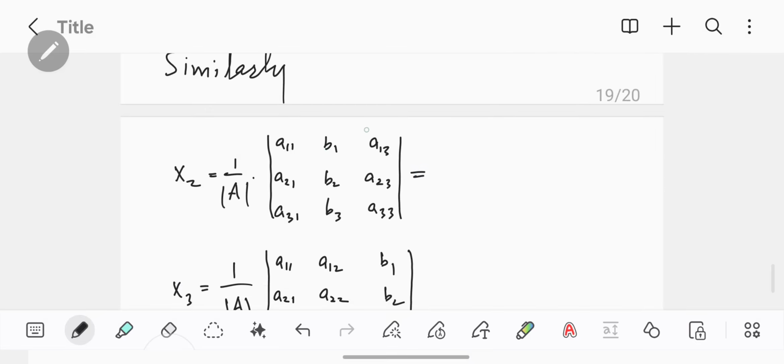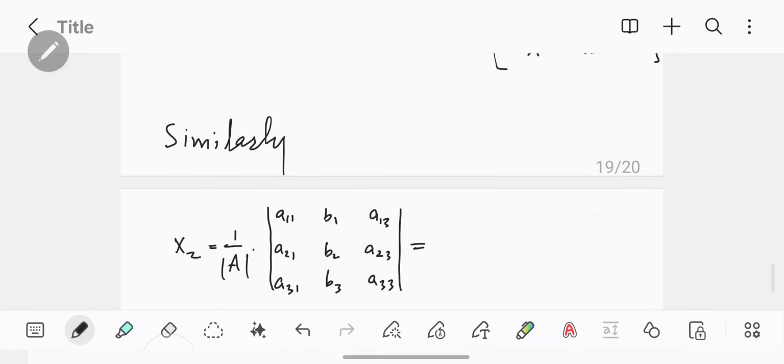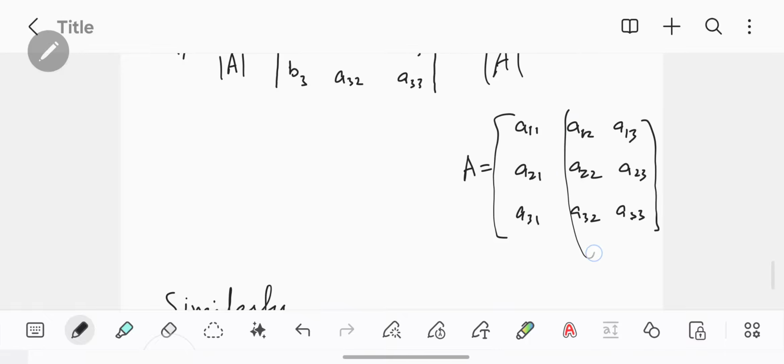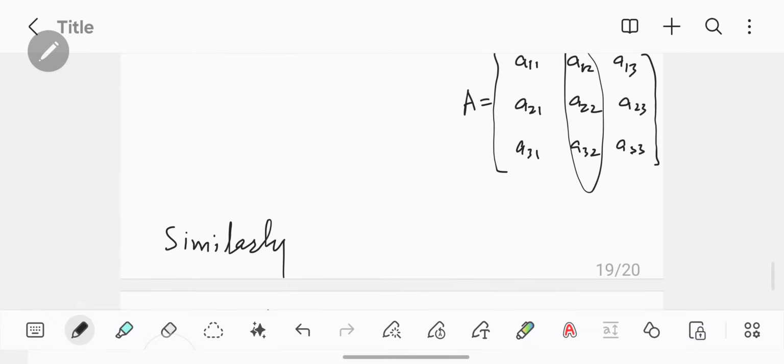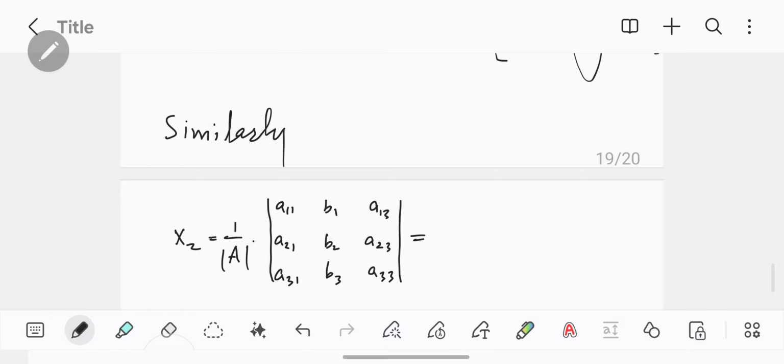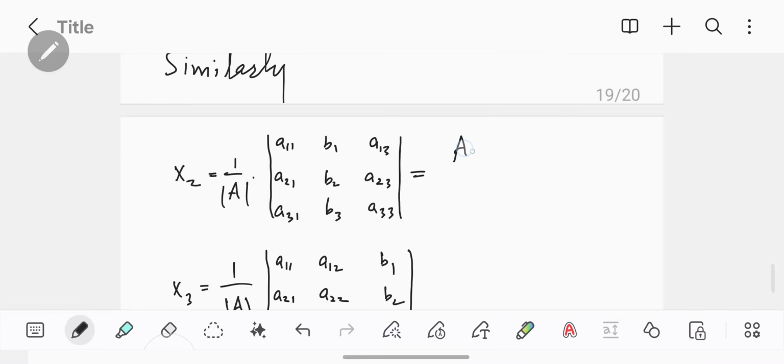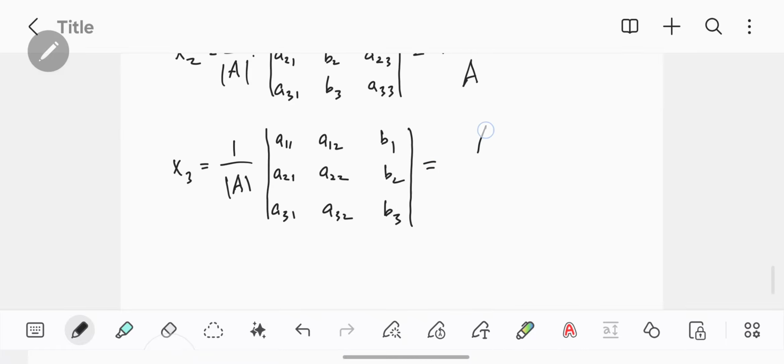Similarly, this matrix will be named as A2. Why A2? Because this matrix is obtained by replacing at the second position, the second column by B, okay? That's why it is called A2. So it is the determinant of A2 divided by the determinant of A. And similarly, it is the determinant of A3 divided by the determinant of A.